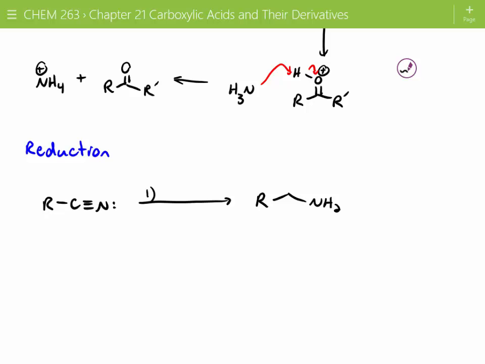LAH, right? So we need lithium aluminum hydride, and we need excess, and then we add water. All right. So these were two pretty quick ones. I think the most useful reaction out of these nitrile reactions is the reaction with the Grignard, because you can use that to create highly connected molecules. All right, so let's make our reaction map.